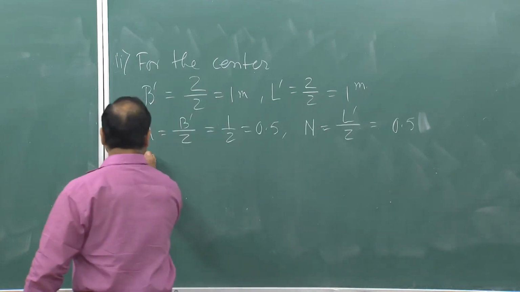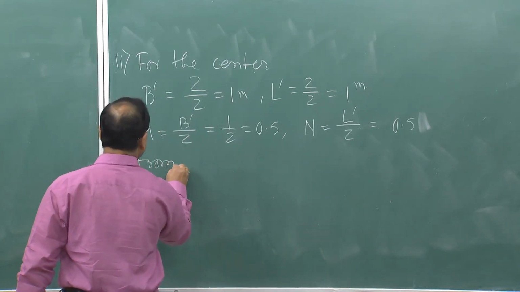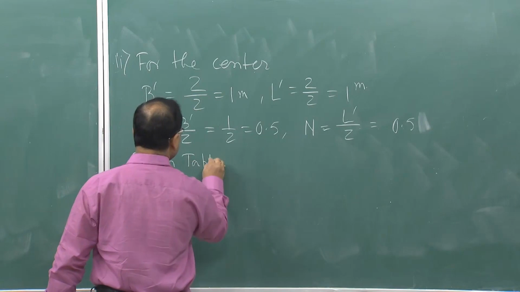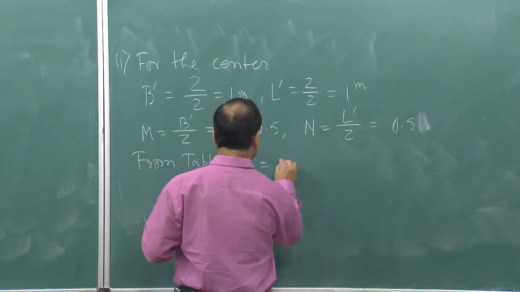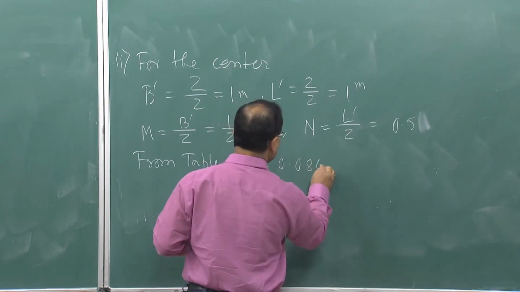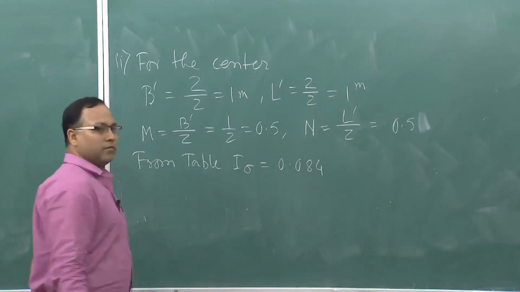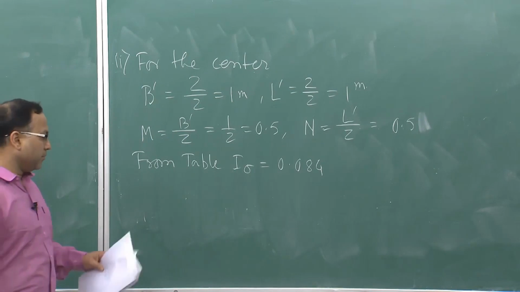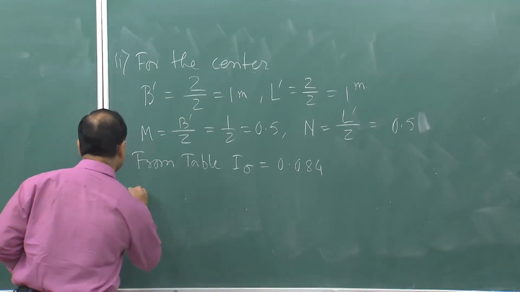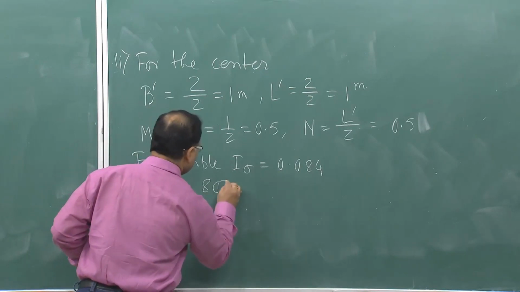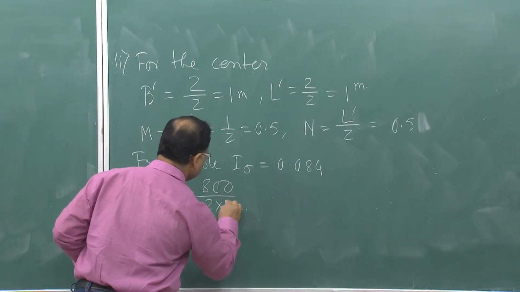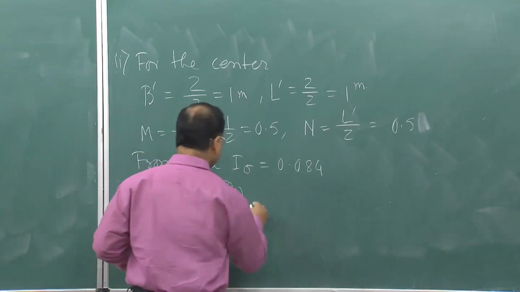Okay. Now, go back to the table. From table, I sigma equal to 0.084. So, from this I can find out QV is equal to, pressure will be remaining same, into 4.